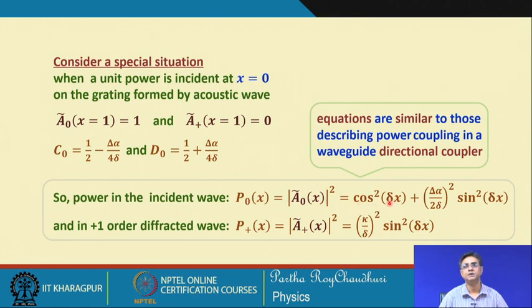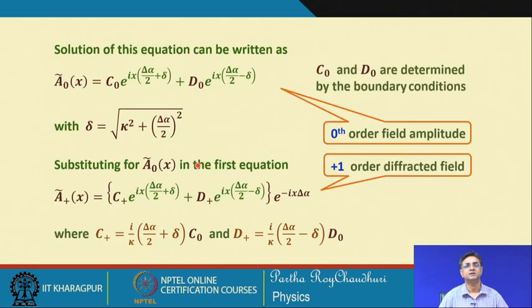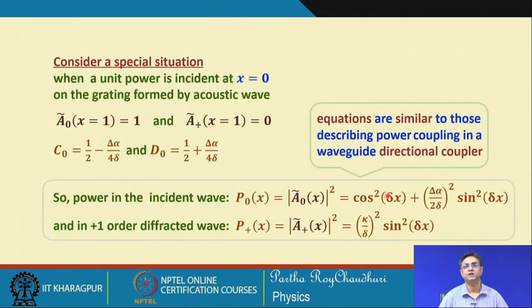Let us suppose delta alpha equal to 0, then delta becomes equal to kappa. So, it becomes kappa x, this becomes 0, because delta alpha equal to 0, and there will be a sine square, cosine square variation of the power.